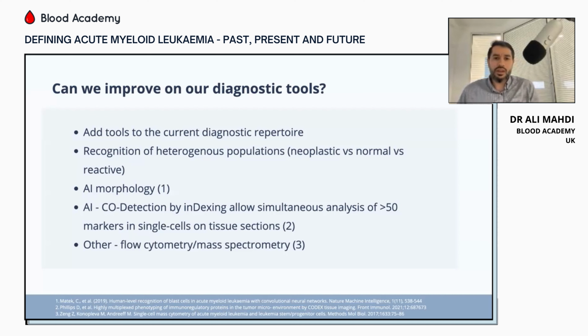It can be difficult to define whether this blast expresses this antigen or it doesn't. Whilst mass spectrometry with flow cytometry together allows us to differentiate all the different blast populations, the subpopulations, using a much larger range of antigens to make that diagnostic process even more accurate.